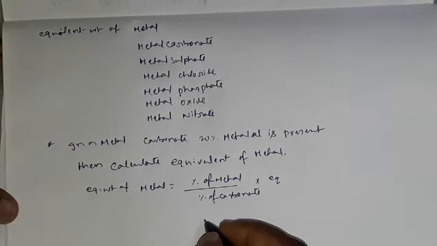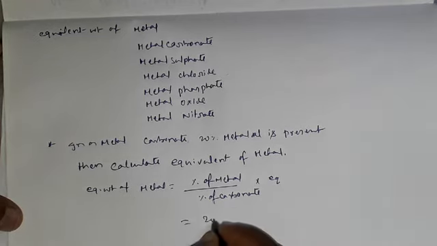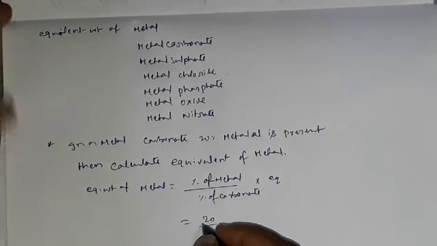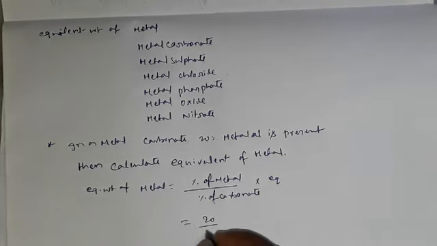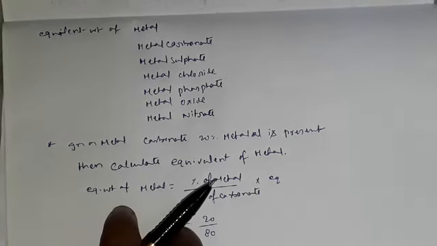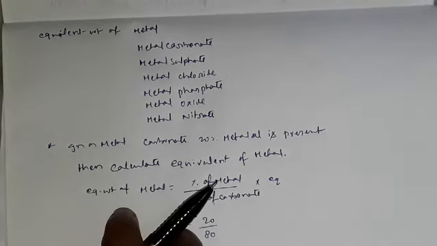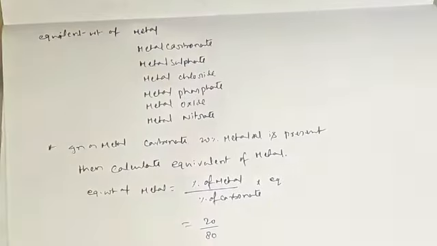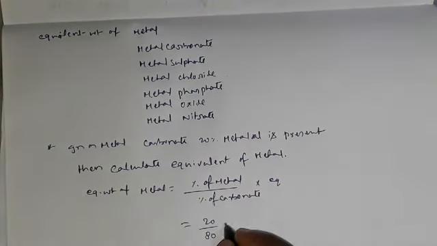So now percentage of metal is what? 20. Percentage of carbonate is 80. And equivalent weight of carbonate is 30. So finally this value is 7.5.